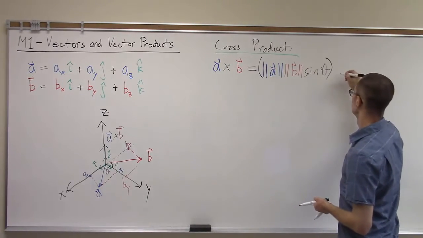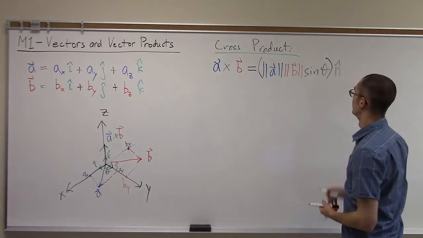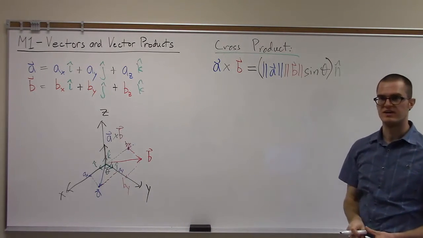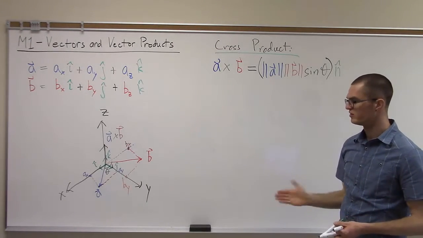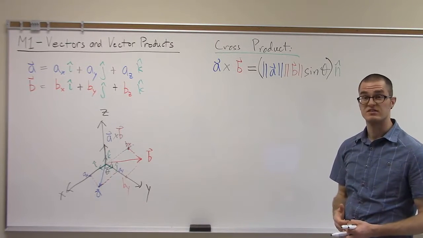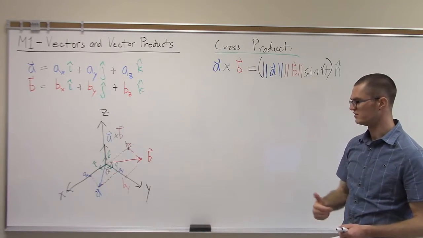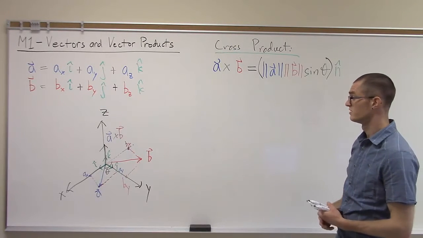And its direction is going to be n, which is a unit vector that points in the direction normal to both of the original vectors, a and b, and in the direction that's given by a right-hand rule, starting from a curling to b, and then the thumb points in the direction of the unit vector.